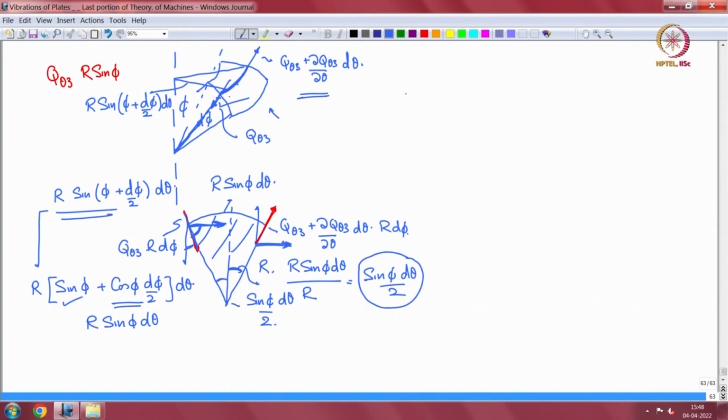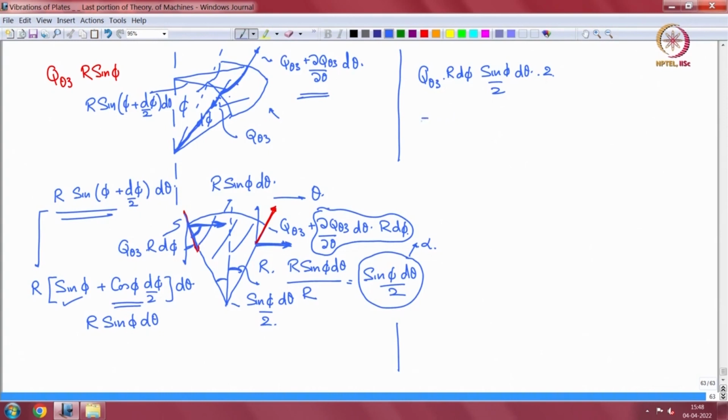So the forces in the theta direction, this is my theta direction, are Q theta 3 r d phi into sin alpha or alpha, which is sin phi by 2 d theta, into 2, because this is going to be a small term.